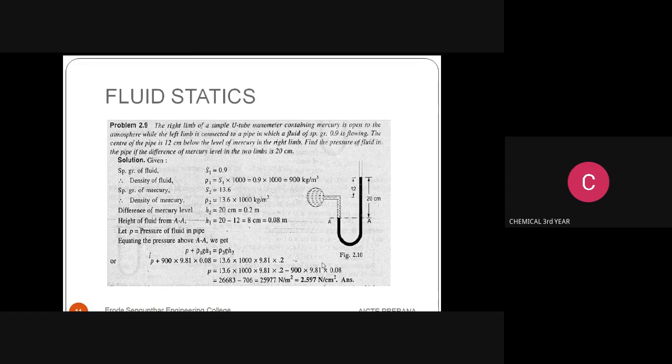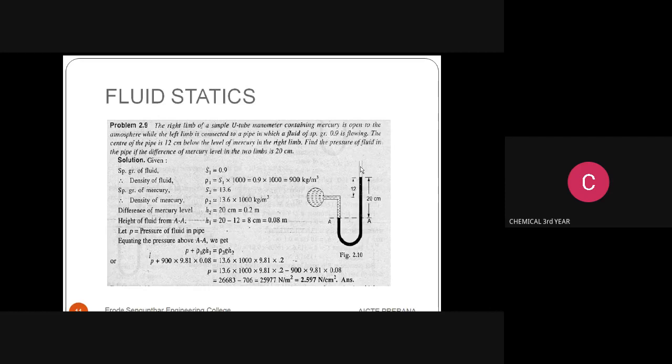So this is a U-tube manometer related problem. You have been asked for the pressure of the fluid. You need to determine the pressure of the fluid, right? So what is given? The right limb of the U-tube manometer is open to the atmosphere.